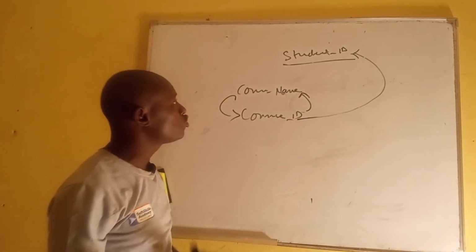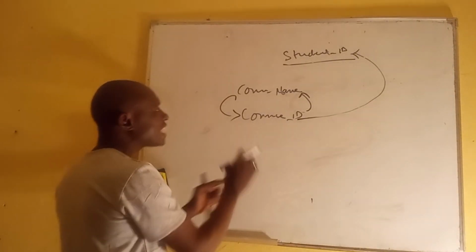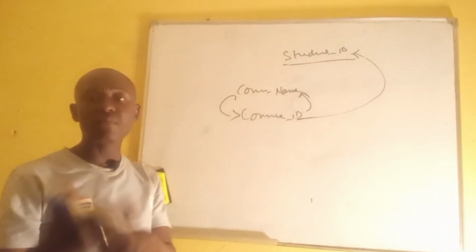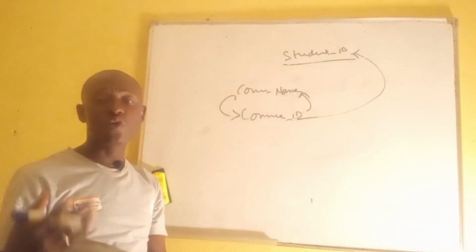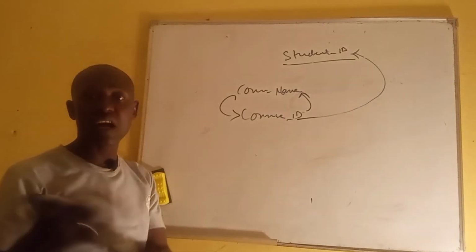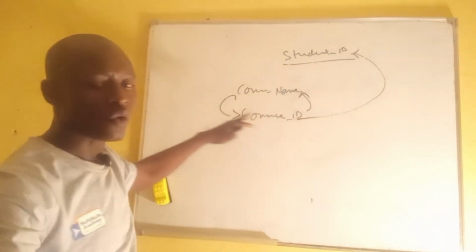What they want you to do here, in essence, is try as much as possible to create a department table, and then create your lecturer table. So that's what we are going to look at here.